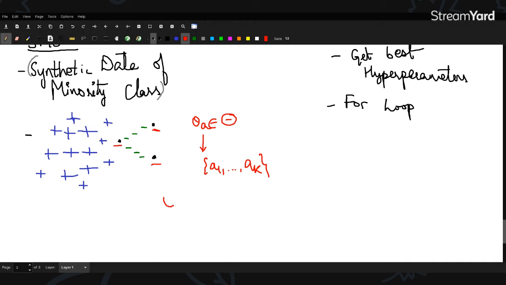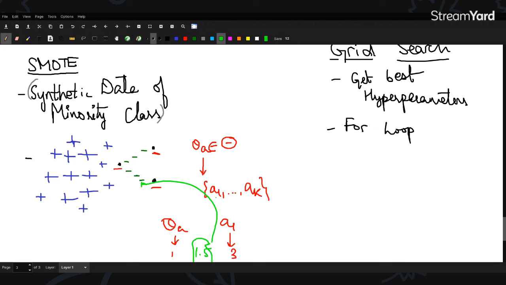Now between theta A and A1, let's say theta A has column values 1 and 2 and A1 has 3 and 4. It generates a new point in between, something like 1.523. This is a new data point, and it gets put in, for example, as a new minus here. Like this you can choose how many data points you want to add.